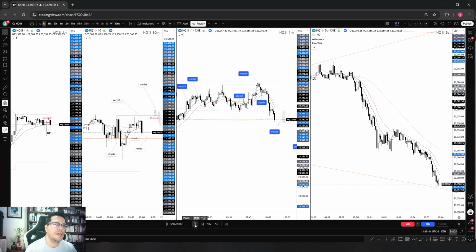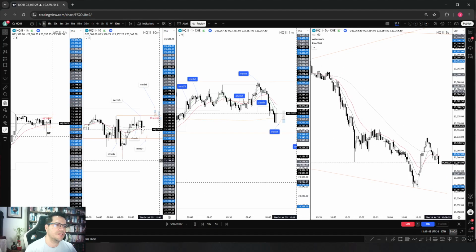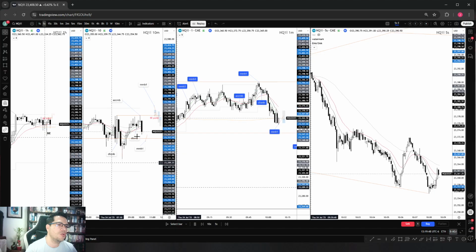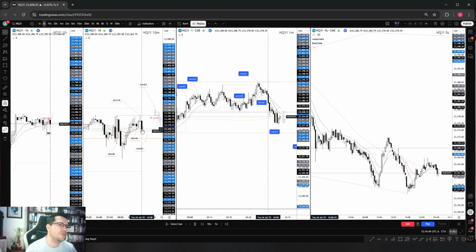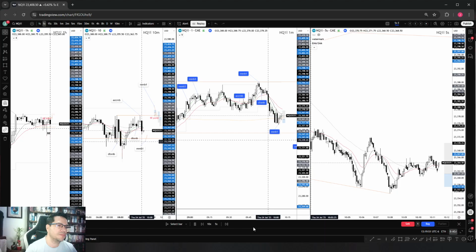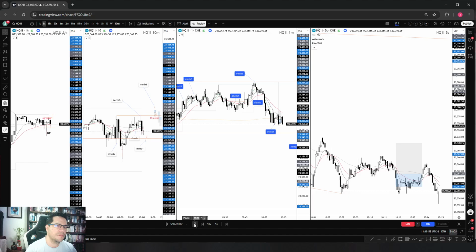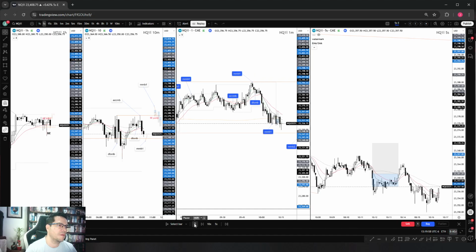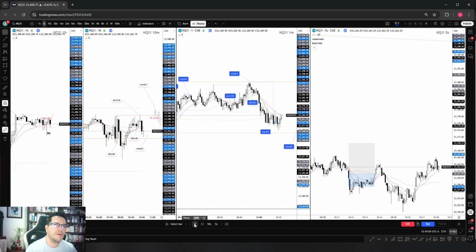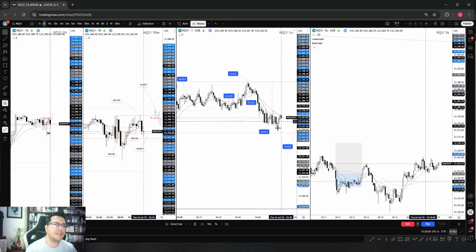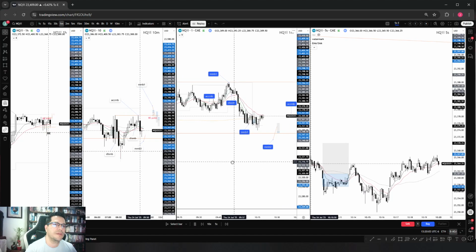So on the context time frame, price goes to the 20 and below, on our validation time frame as well.